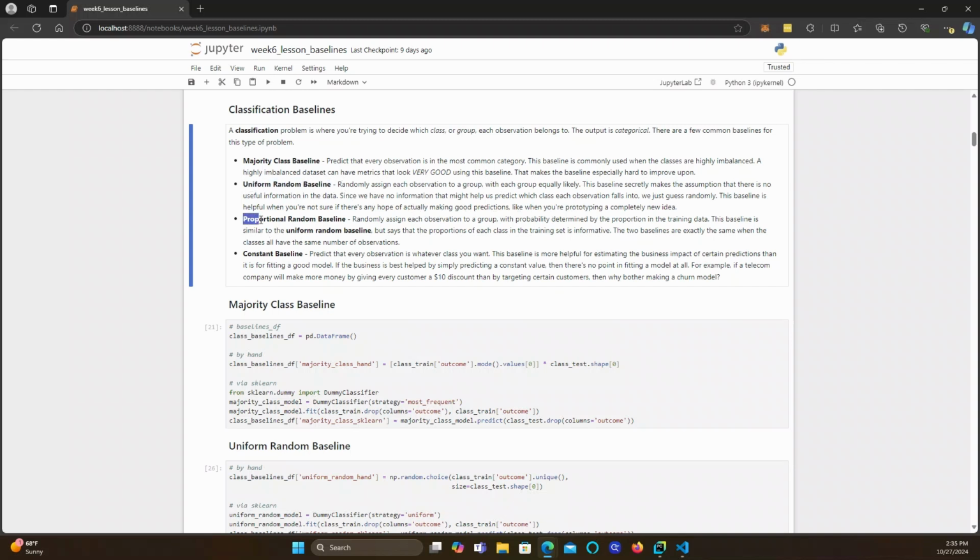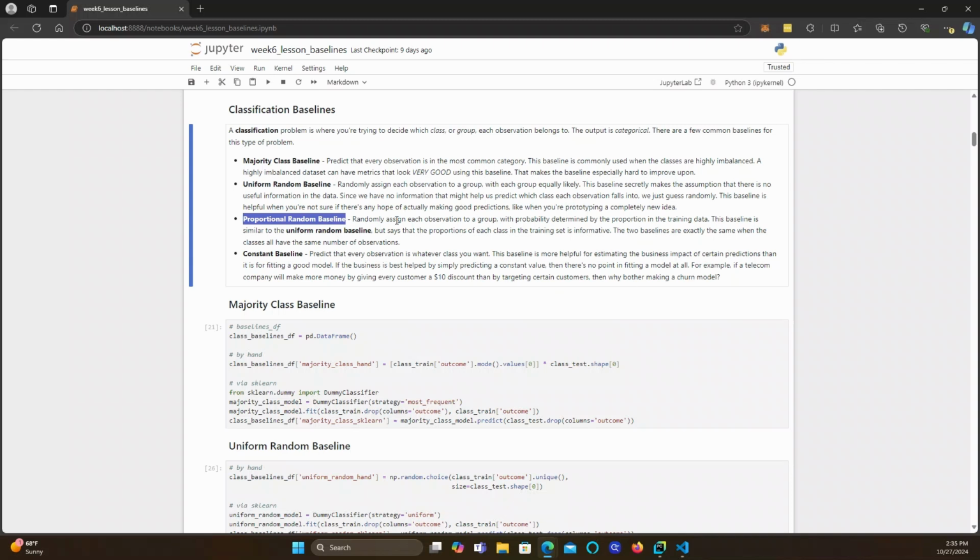All right, next is the proportional random baseline. This is similar to the uniform one, because we're randomly assigning each observation to a class, but instead of doing it uniformly, where each class is equally likely, in this case the probability is determined by the proportion of that class in the training data.